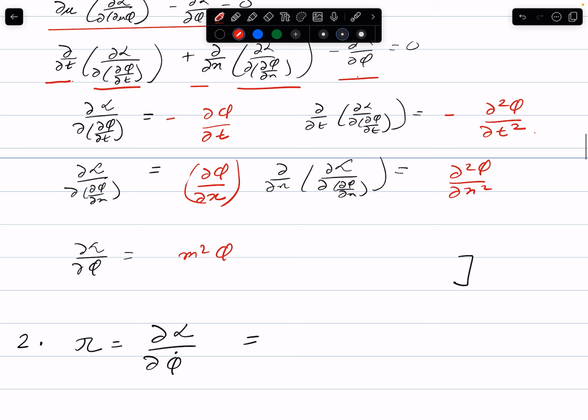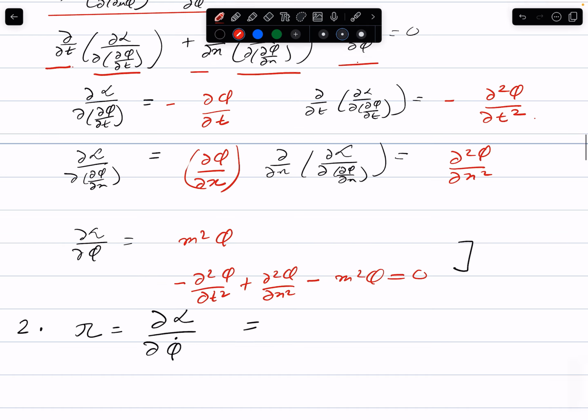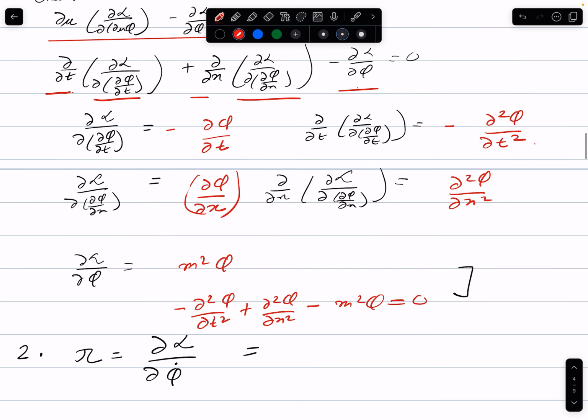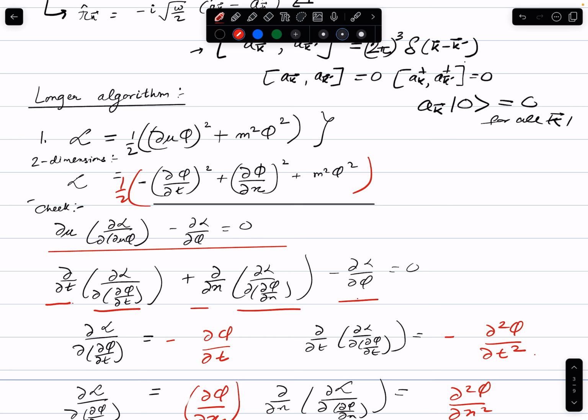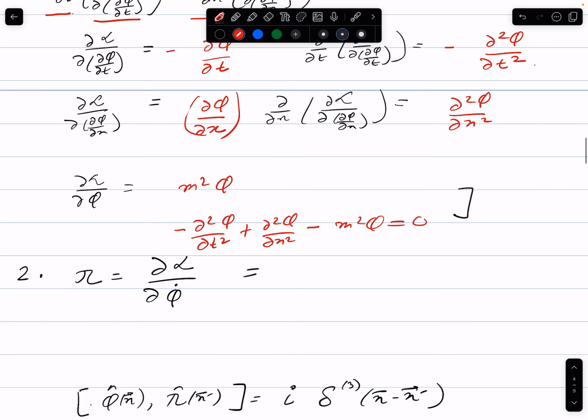And so I get finally minus del 2 phi del t2 plus del 2 phi del x2 minus m square phi is 0, which is the same equation, the Klein-Gordon equation, that we had written down. If we scroll up, we will see the same equation again. We did this just for simplicity in 1 plus 1 dimension. You could have del phi del y and del phi del z terms, and that will give you the full 3 plus 1 dimensional Klein-Gordon equation.